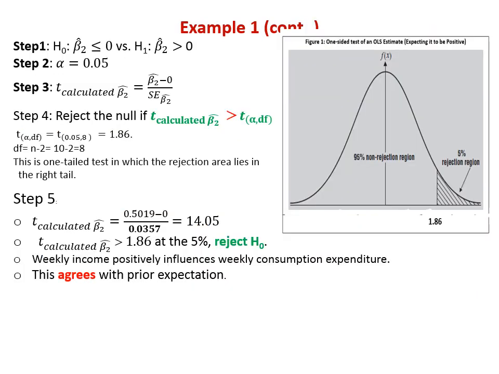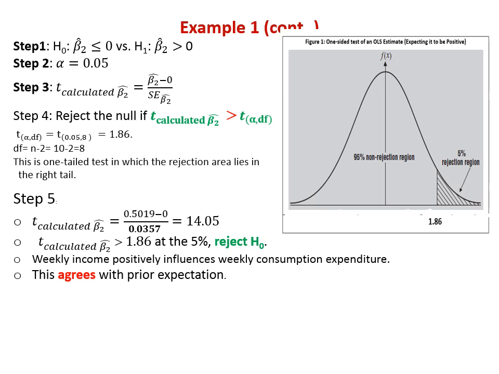To formally test that the weekly consumption expenditure and weekly income are positively related, we adopted the 5-step hypothesis testing procedure as follows.